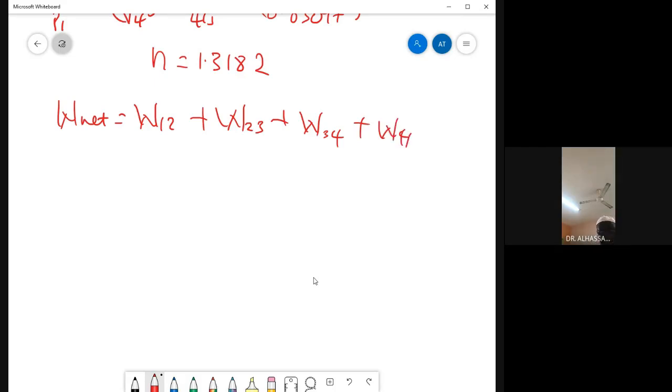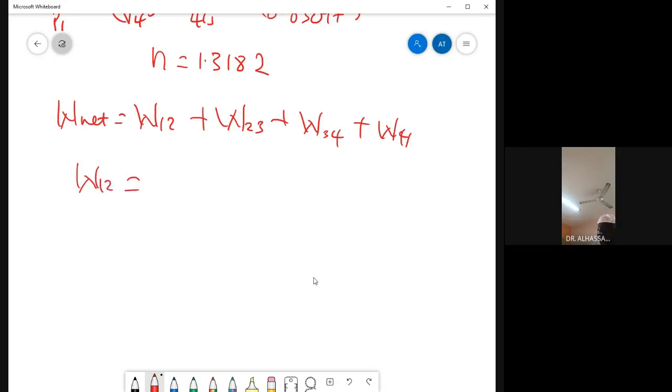Okay, means how do we determine the W41? And so far we know W12, the isothermal work input. Oh yes, so we have to determine that.